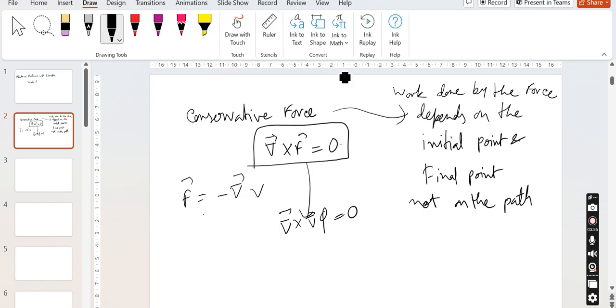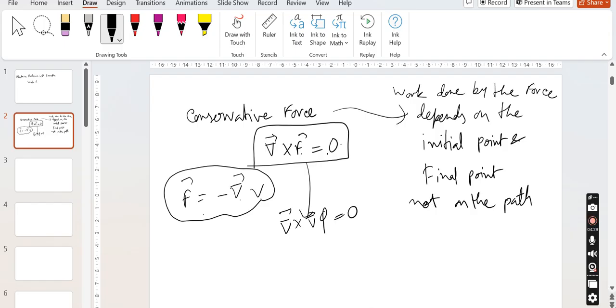If a force is conservative, it is always a gradient of some potential, so the curl of a gradient is always 0. So if we want to know whether a force is conservative, we simply follow this rule and take the curl.